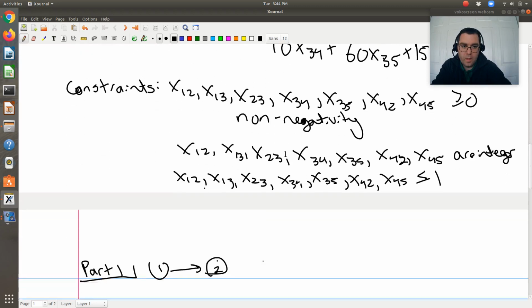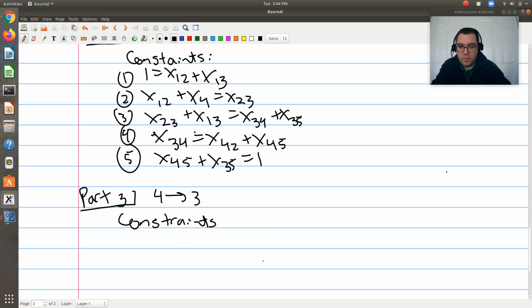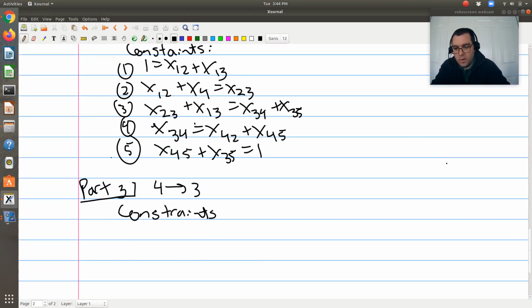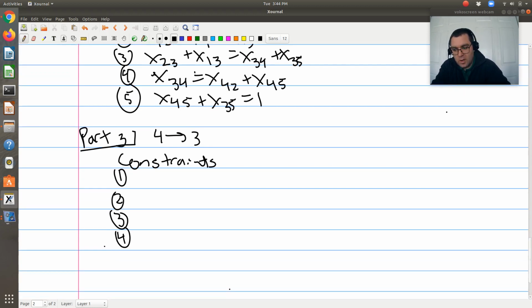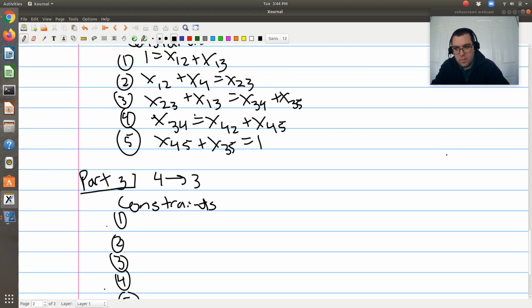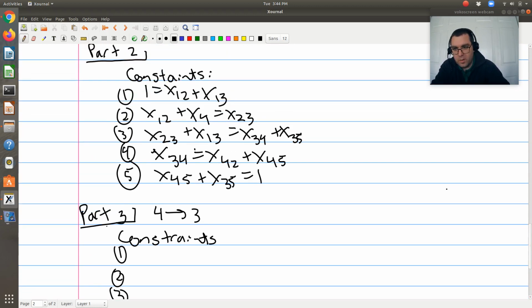We could go through and work out all of our balances, but it's easy enough just to update our constraints from parts 1 and then 2.